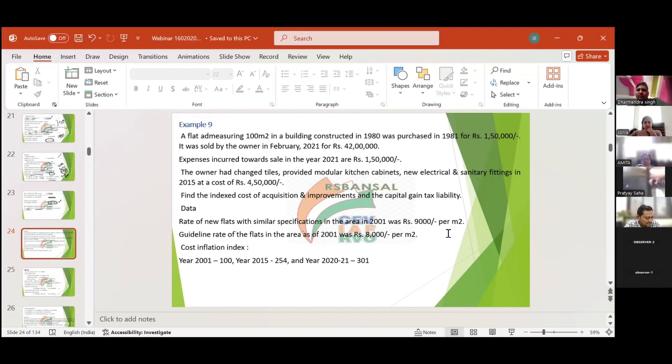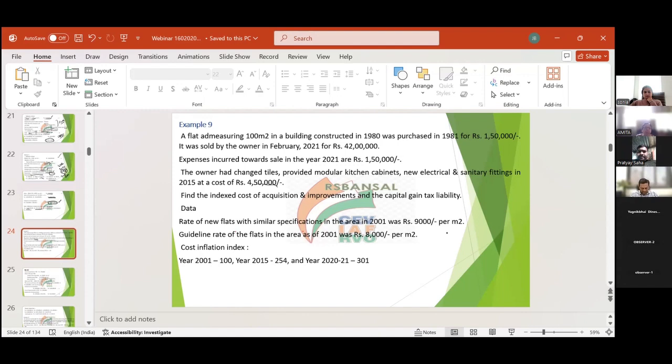Expenses incurred towards the sale in 2021 were 1,50,000. The owner had changed tiles, provided modular kitchen cabinets, and new electrical and sanitary fittings in 2015 at a cost of 4,50,000. Find the cost of acquisition and improvement and the capital gain tax liability.